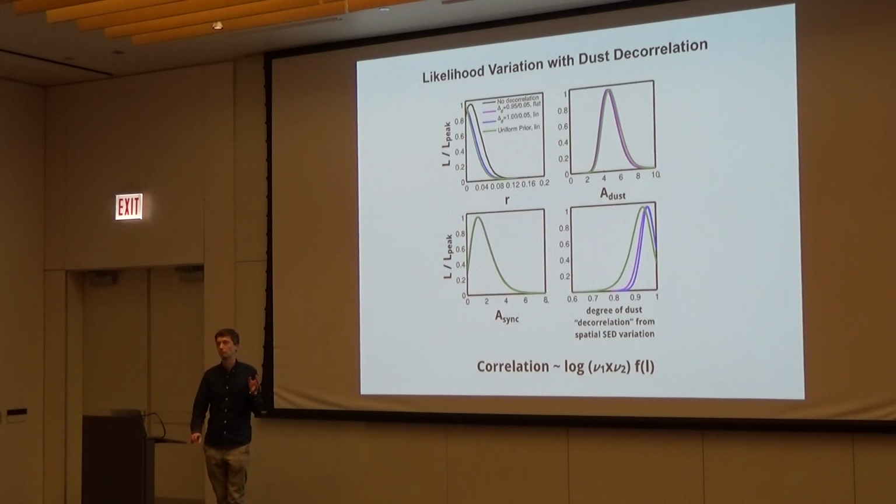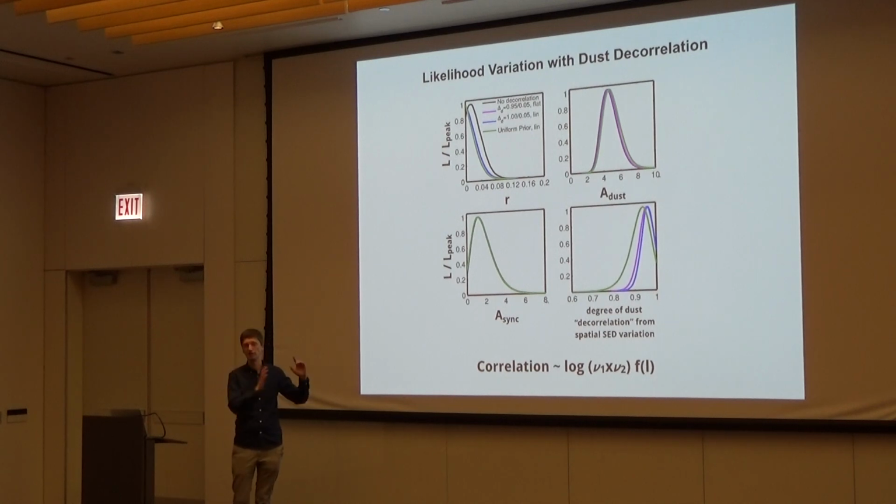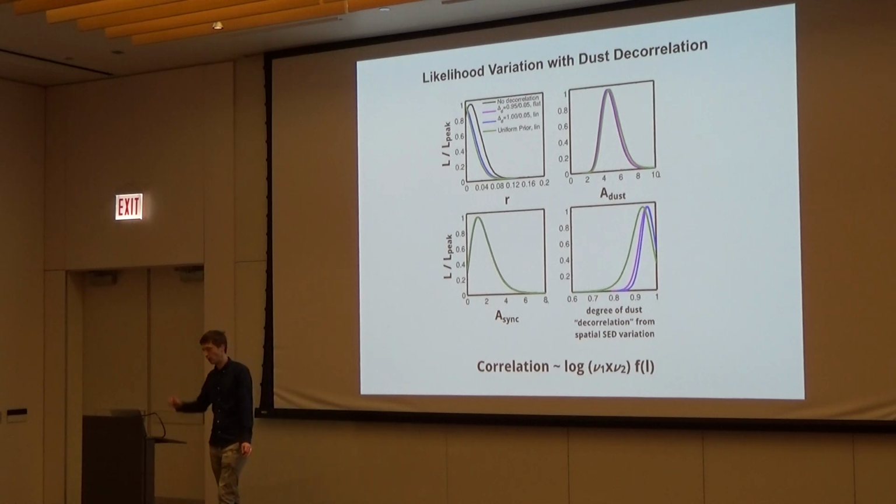Basically, what do you do about a parameter where, if you include it in your analysis and you analyze, say, a simulation that does not include any decorrelation, you'll find that it'll still tend to pull all of your constraints on r down in the negative direction.